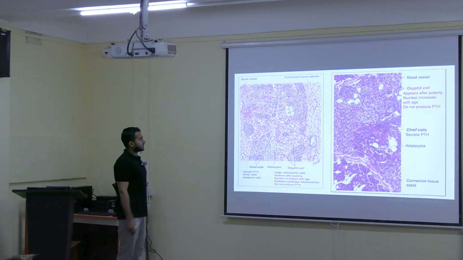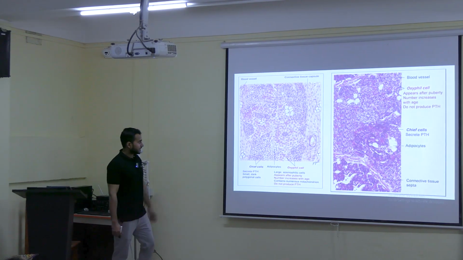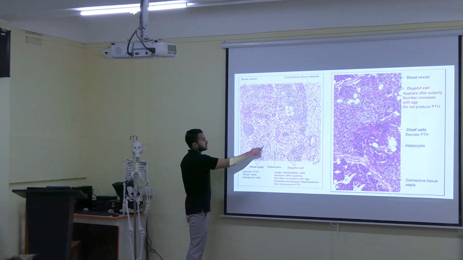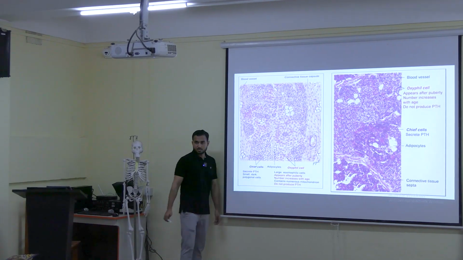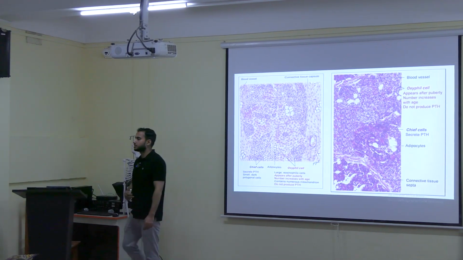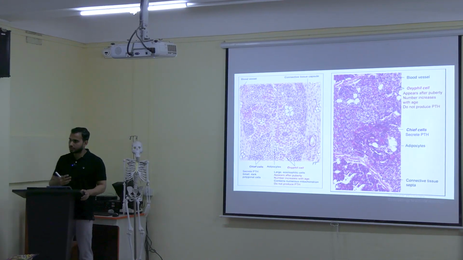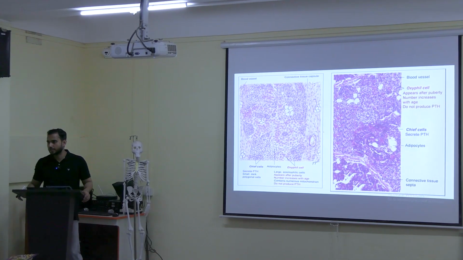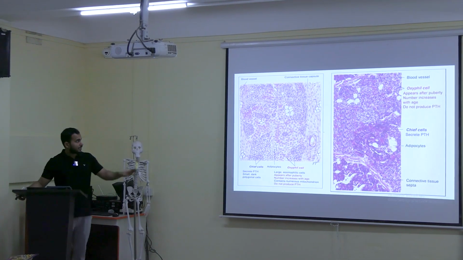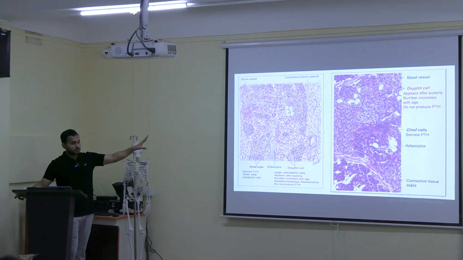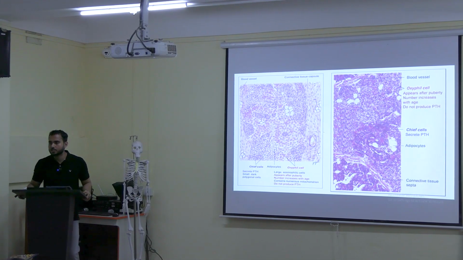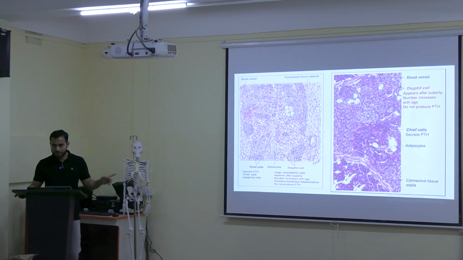Now, along with the chief cells, you can see blood vessels are also present, and here they are denoted as sinusoids, because the secretion goes from here directly to the bloodstream. And as I mentioned earlier, in the parathyroid gland you can see numerous adipocytes. Can you identify the adipocytes?